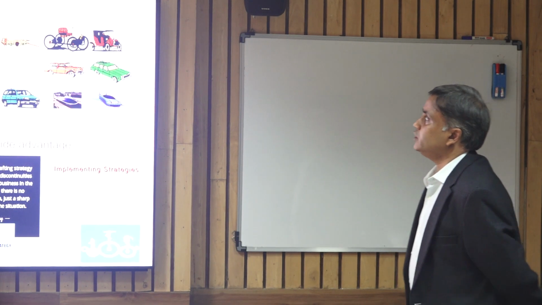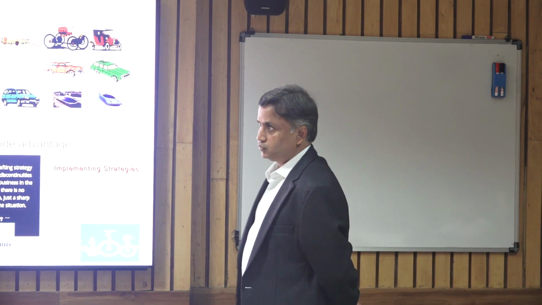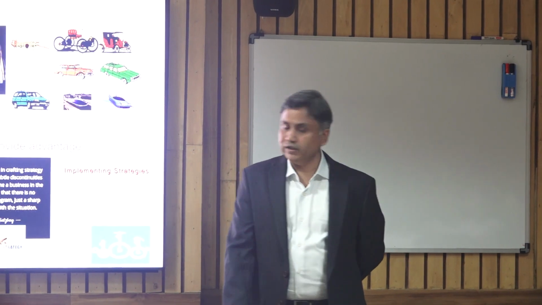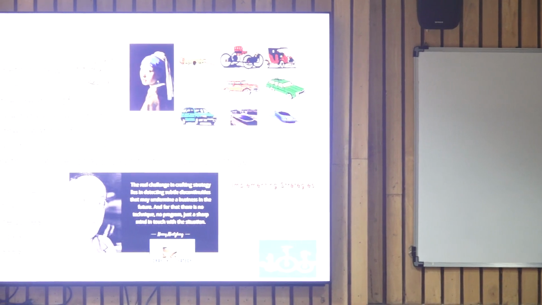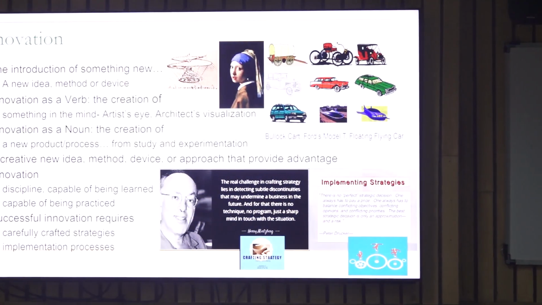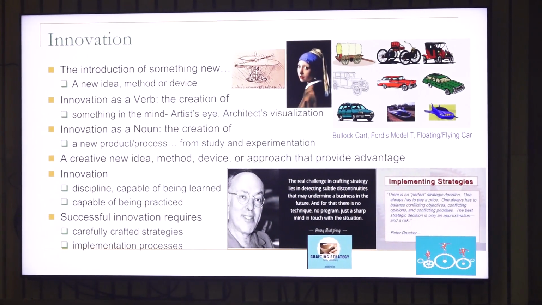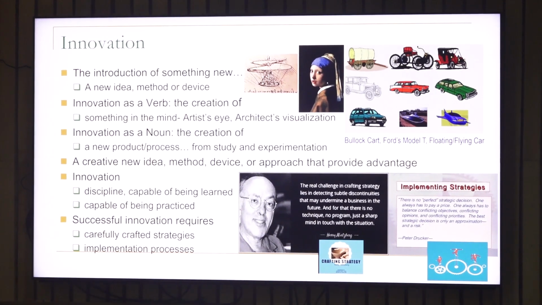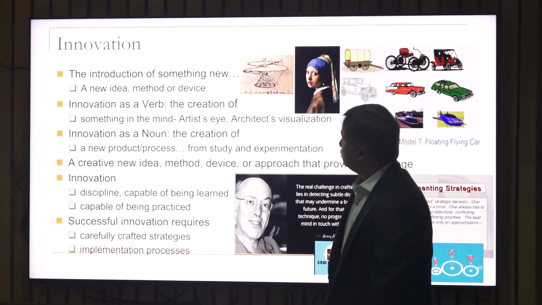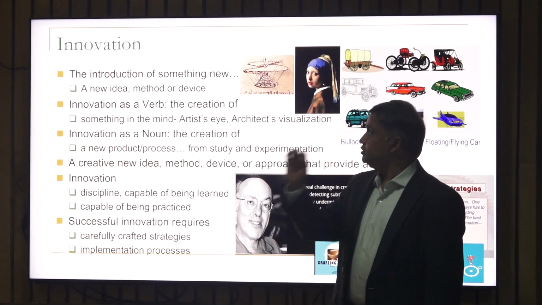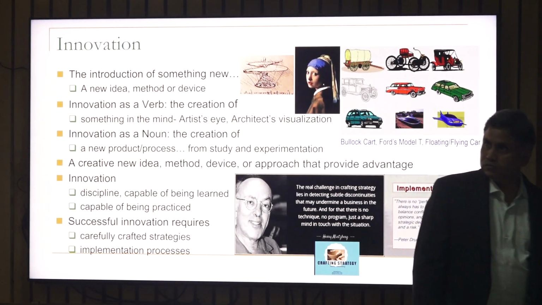Then we say, what is innovation? Ultimately, technology comes from innovation. Innovation is anything which is new with commercial intent. So we say introduction of something new. Once upon a time, what was new? Probably when Leonardo da Vinci gave this idea.